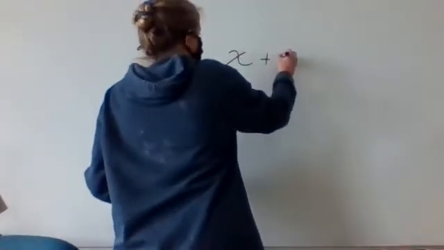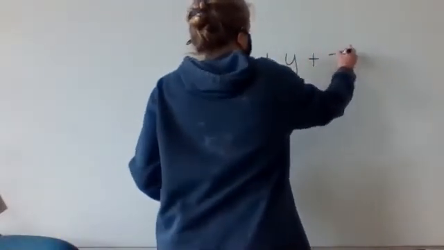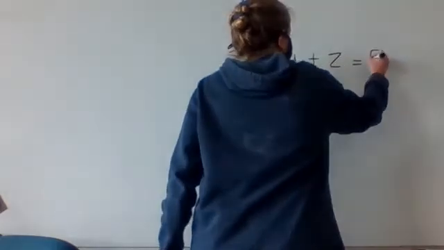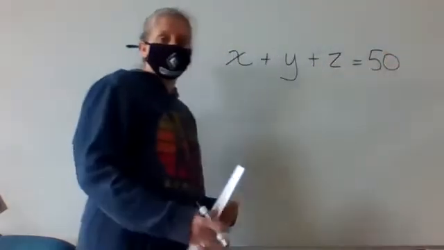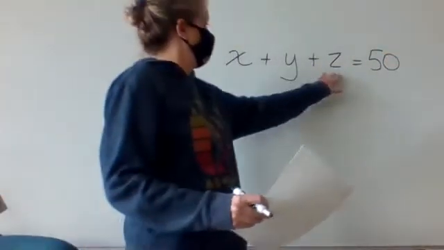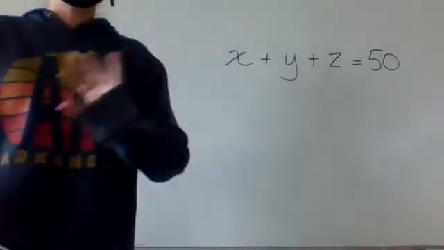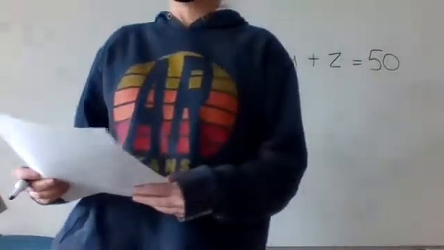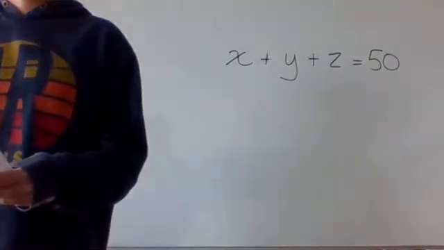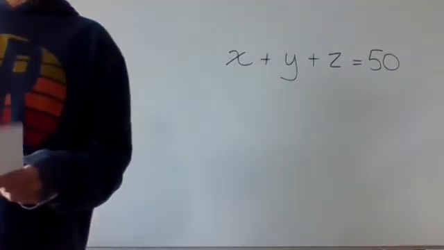That's just saying that x plus y plus z is equal to 50. That's the sum of 3 different numbers. If you add them together, they equal 50. So that's how you would translate that into an equation. That's all it is on number 1.